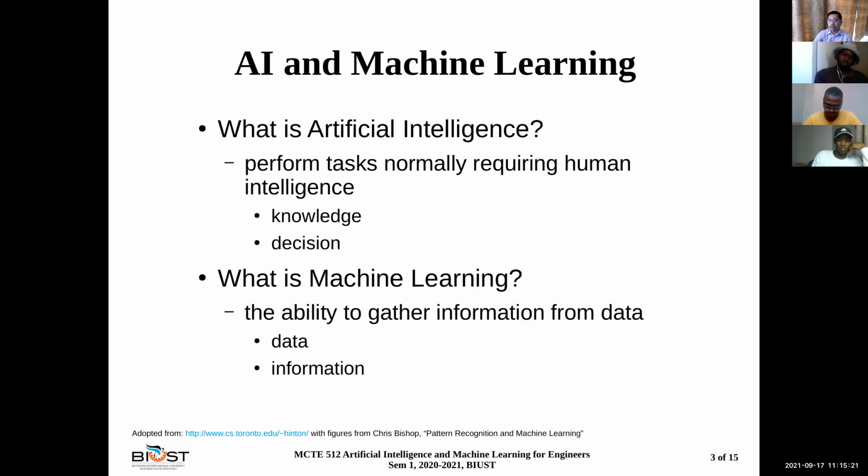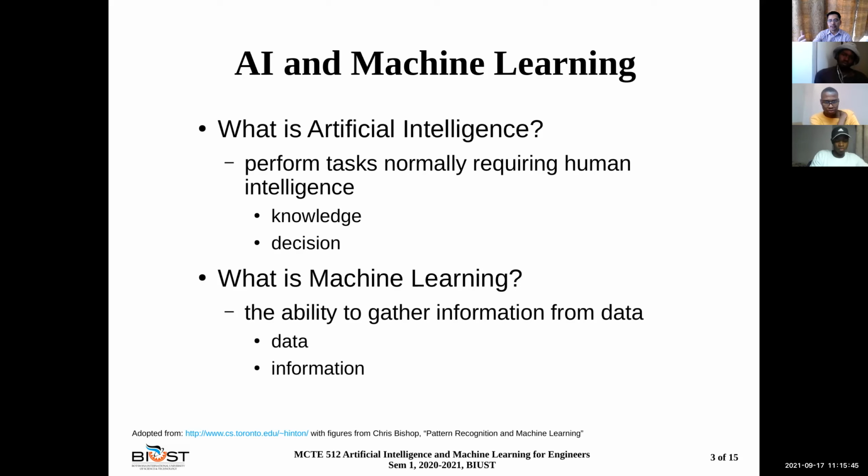Now let's go to AI, artificial intelligence, and machine learning. What is artificial intelligence? It is to perform tasks normally requiring human intelligence, like knowing and making decisions. These are definitions given on the internet and by textbooks.